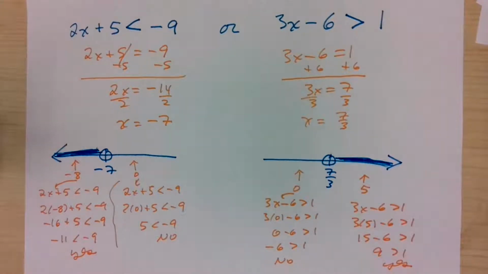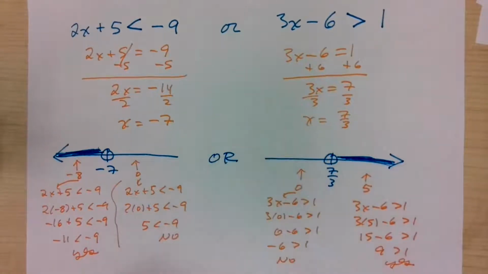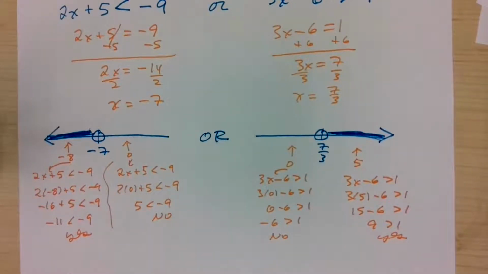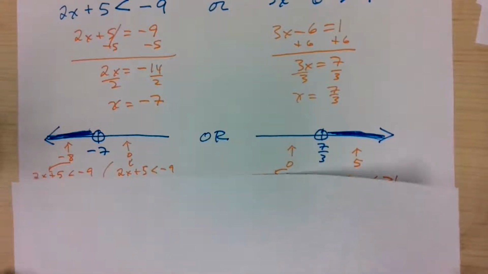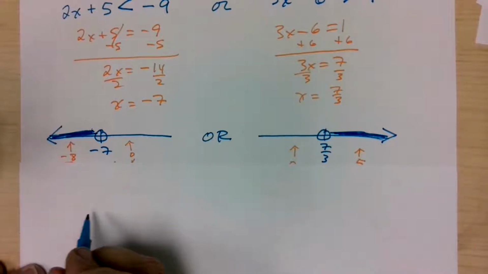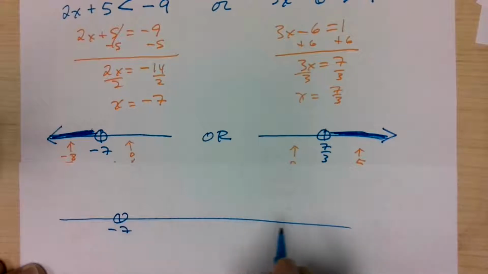And now our operative word here is or. Whatever points are in one set or the other or both get used. So how do I make sense of that? Well, I have these two number lines. When I lay it out, I have -7 here. I have 7/3 here.